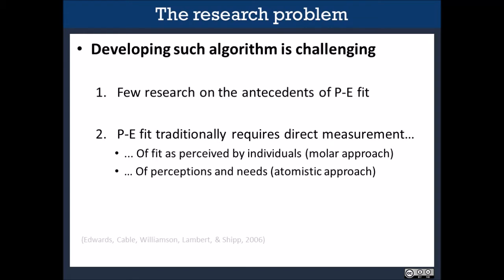So in the context of this project, it would be like asking job seekers to read a job ad and then estimate if this job ad is corresponding to their needs in terms of flexibility. Now, this is not possible from an algorithm perspective because we want to predict fit without individuals having to read the job ad. So we cannot ask them directly about fit.